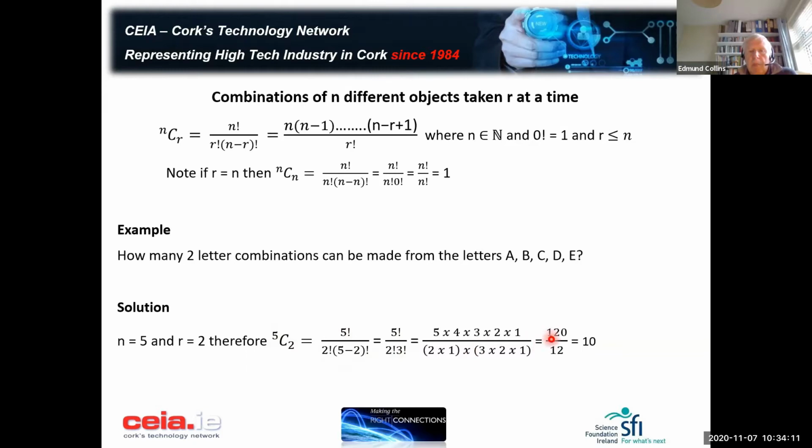That's 120 over 12, which equals 10, which is less than the permutations example. That's important: you're going to have fewer combinations for the same situation than you would have for permutations.